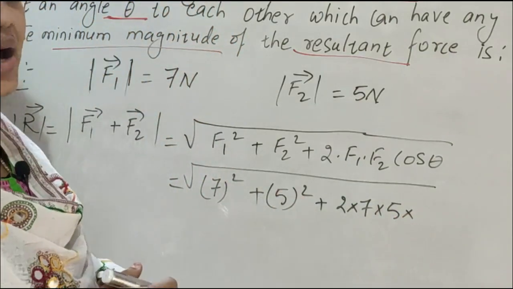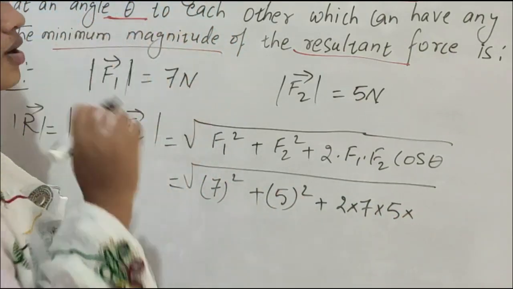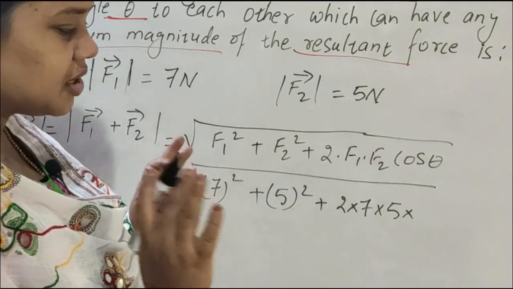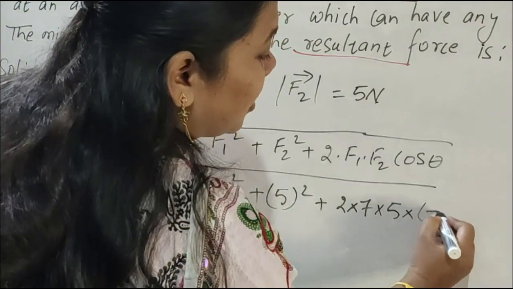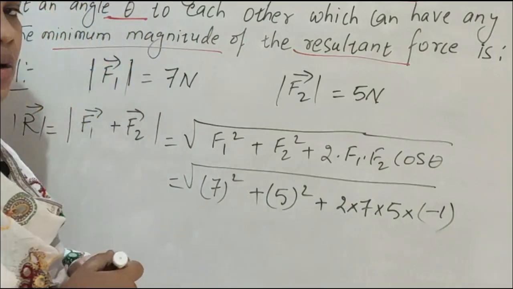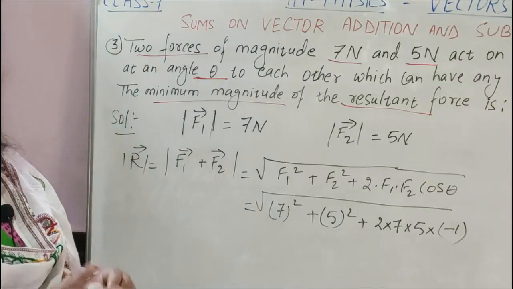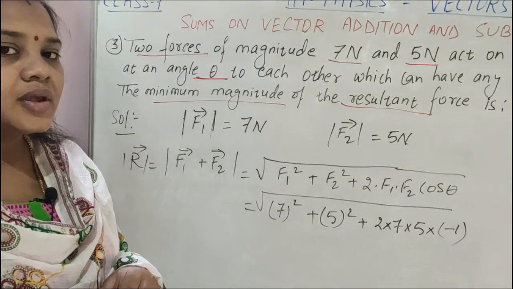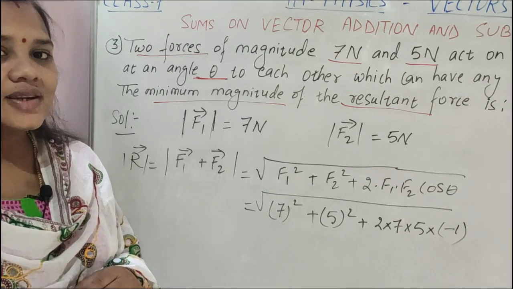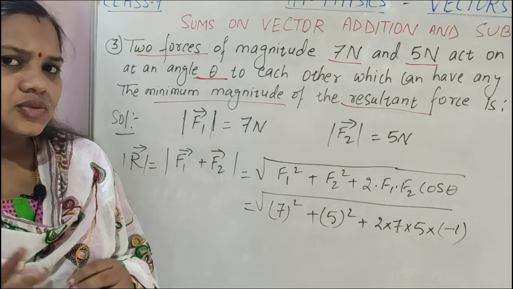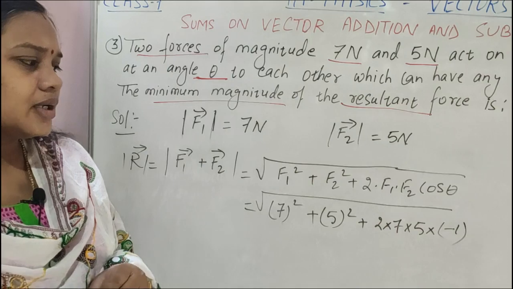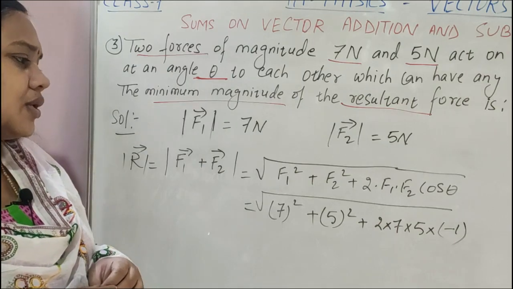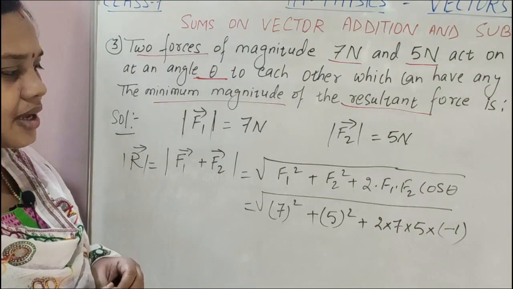You have to take the minimum value, as it is already given that the resultant force should be minimum. The minimum value of cos theta is minus 1. The cos range will start from minus 1. Cos 180 is how much? Minus 1. So take the minimum value, minus 1.